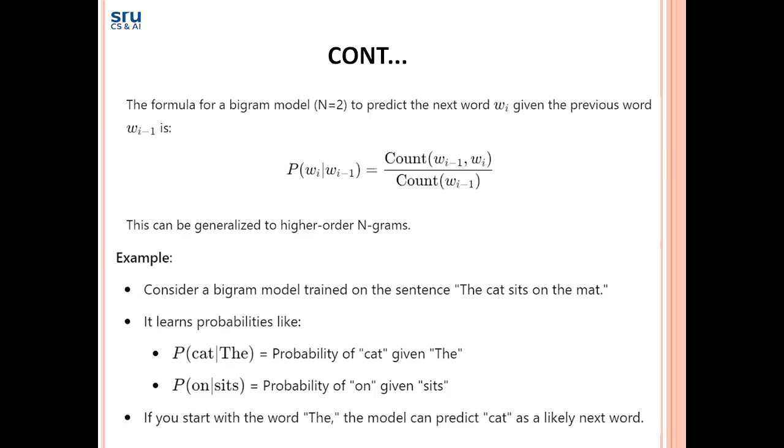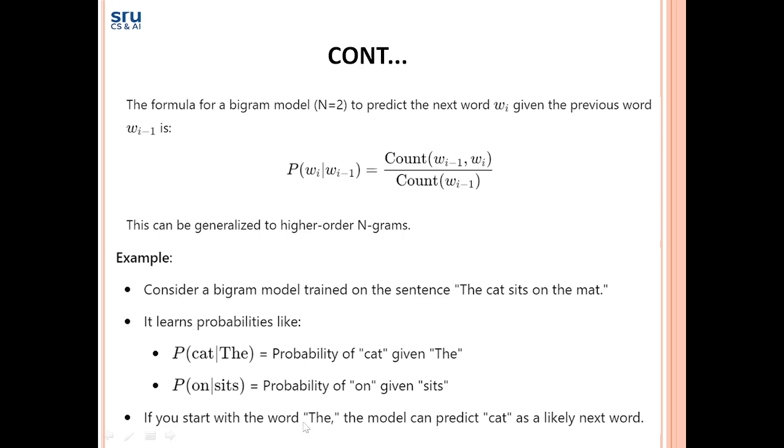So basically, this formula is used for a bigram model. If you consider a bigram model trained on, say, the sentence, the cat sit on the mat, it learns the probability of cat given the, and the probability of on given sit.